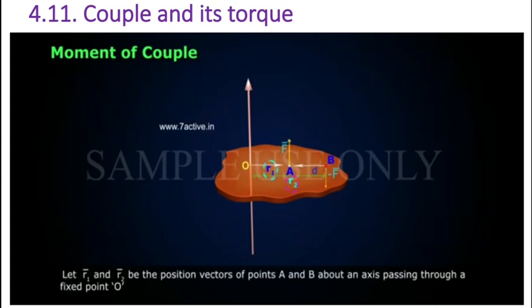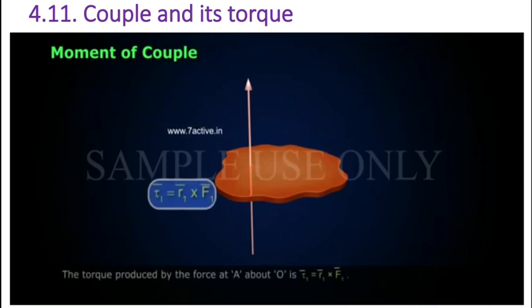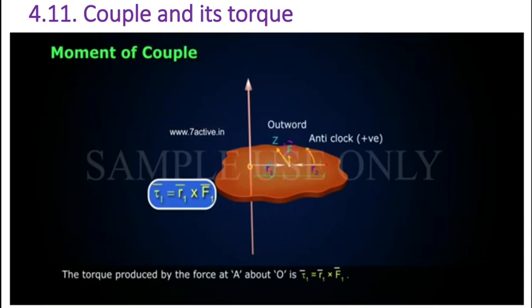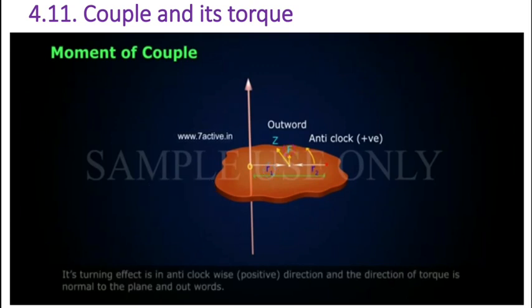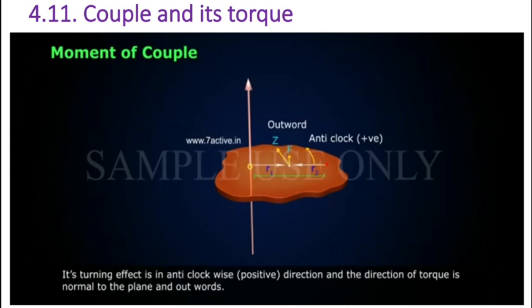Let R1 and R2 be the position vectors of points A and B about an axis passing through a fixed point O. The torque produced by the force at A about O is tau 1 equals R1 cross F. Its turning effect is anticlockwise, positive direction, and the direction of torque is normal to the plane and outwards.